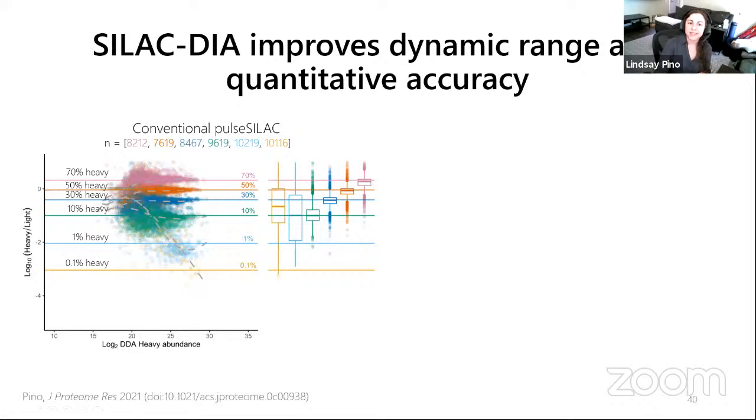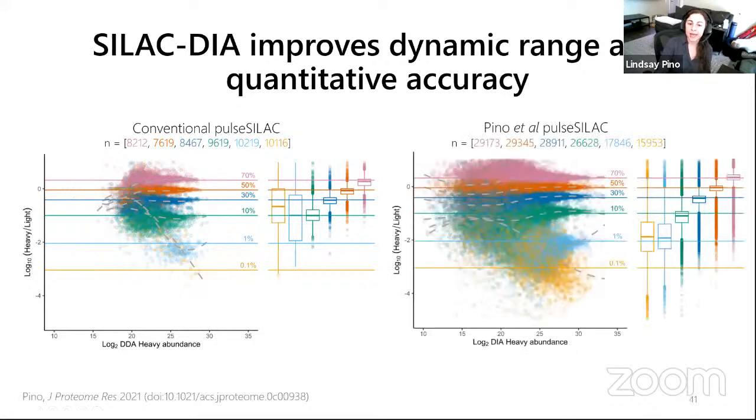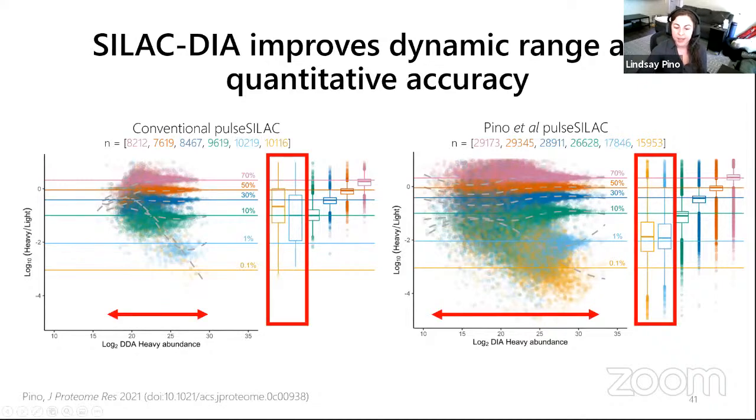We can compare the exact same samples measured with DIA using that pulseSILAC approach. And one of the first things that we spot visually is that the abundance range, the dynamic range of the measured abundance, is much wider when we use DIA. DIA is being done on the MS2 level.